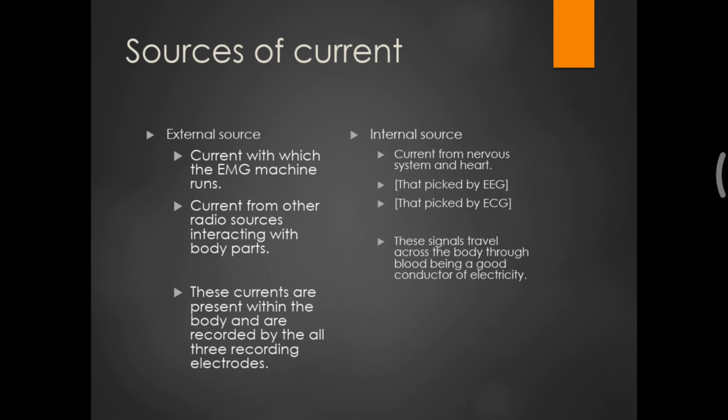Alright. So the other one is the internal source. The current from the nervous system and heart also generate electrical signals, as we commonly see that we record EEG and ECG signals.